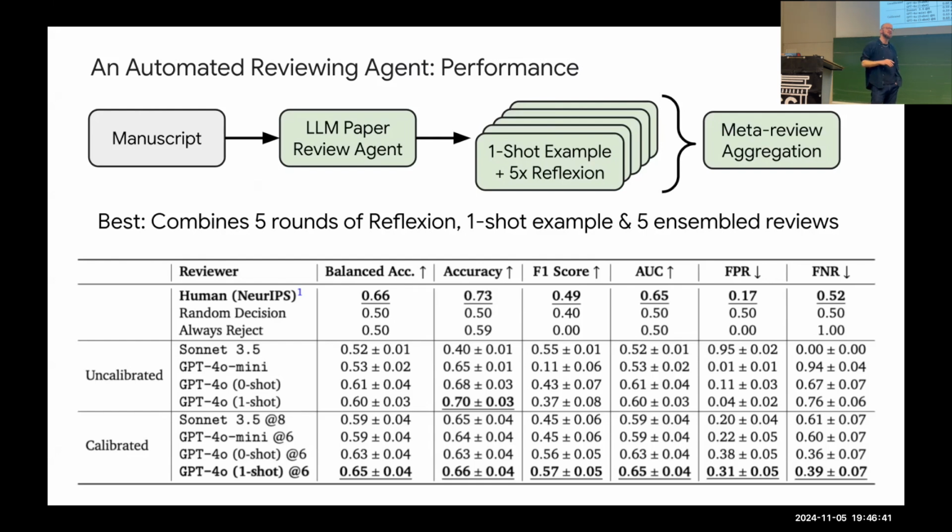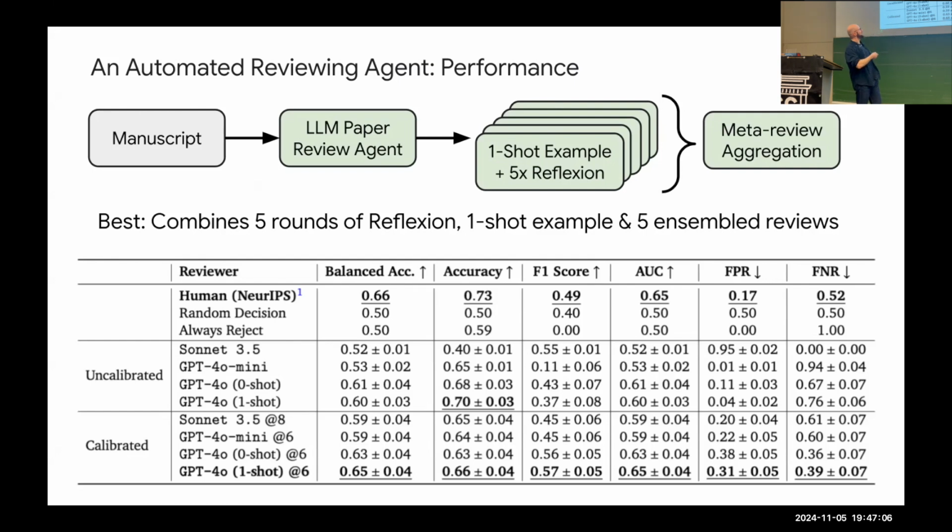Reflection is basically, if you're not in the prompt engineering game, a type of single agent debate. Then given these 5 reviews, we perform a meta aggregation of the reviews. So basically, similar to how at a conference you might get 4 or 5 reviews, and then there is an area chair who makes the final decision. Here, we're mimicking such a process as well.